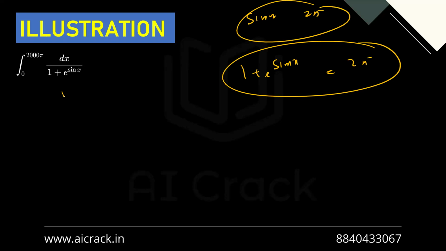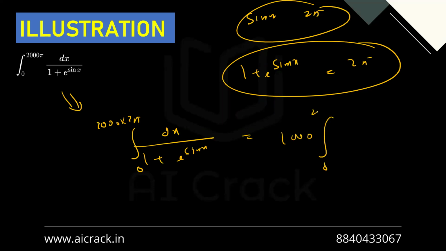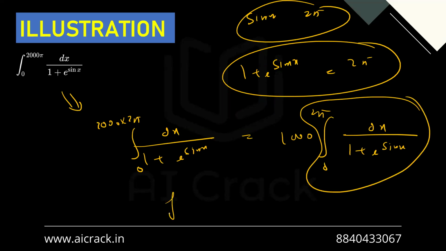So we can say that this integral can be written as 0 to 1000 times 2 pi dx upon 1 plus e raised to the power sin x, right? Now this becomes 1000 times integral 0 to 2 pi dx upon 1 plus e raised to the power sin x. Now this becomes a very standard integral, right? Now you have to use the property of f of a plus b minus x, right?